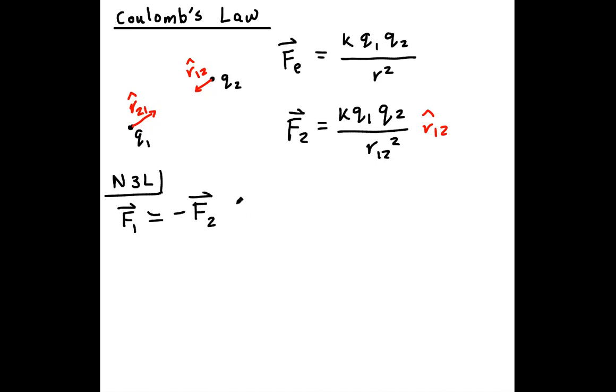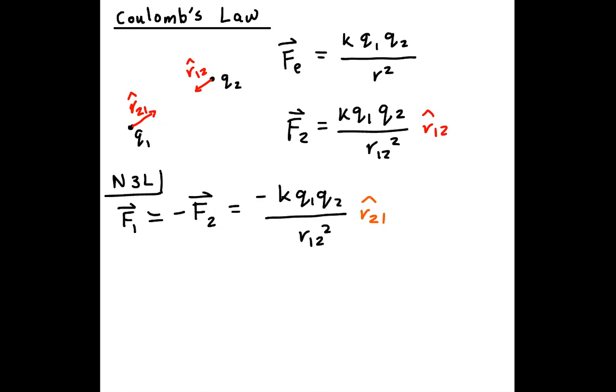We can write this again by just putting a negative sign on the value that we have here: negative K Q1 Q2 over R12 squared times R21 hat, because we're pointing towards the direction of Q2.